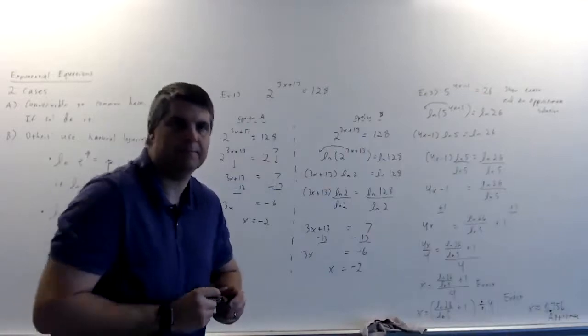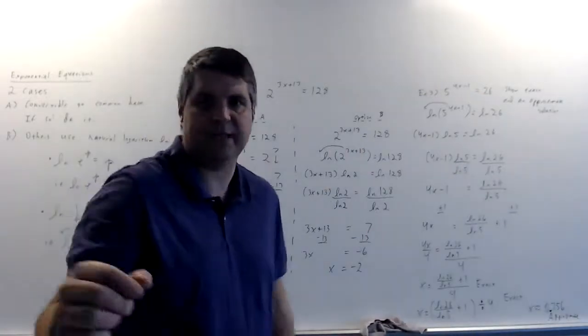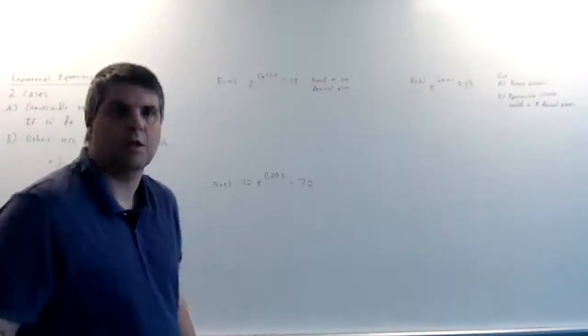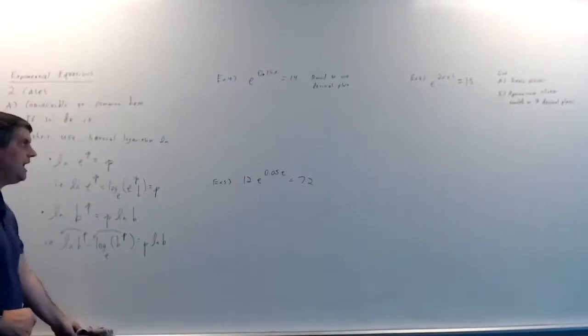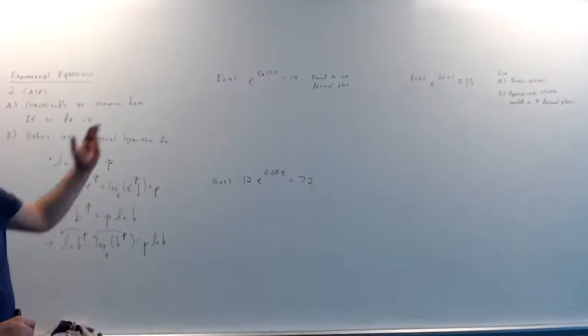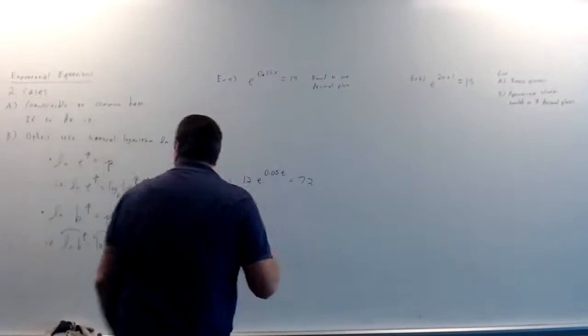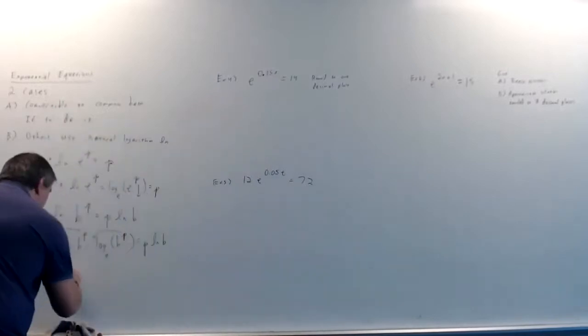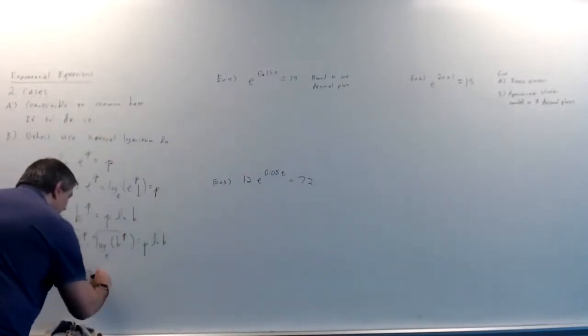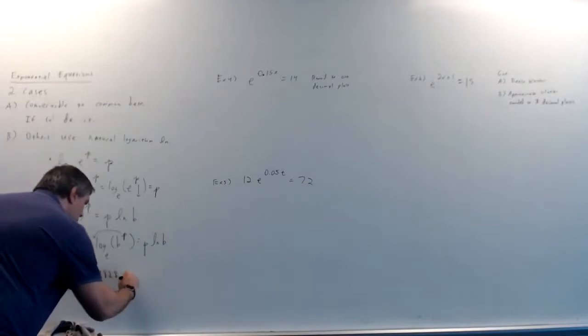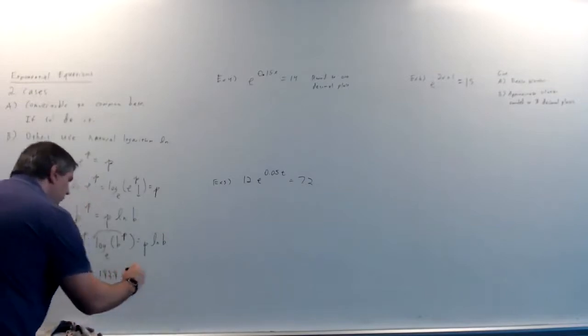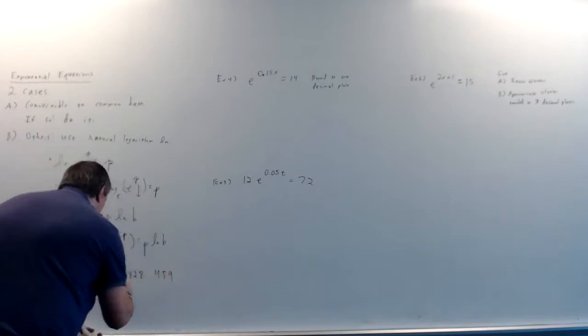All right, I'm going to pause here and set up the next three examples. So here are three more examples. Remember that e is approximately 2.718281828.